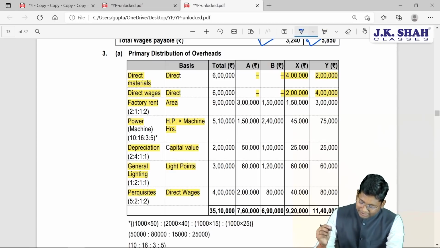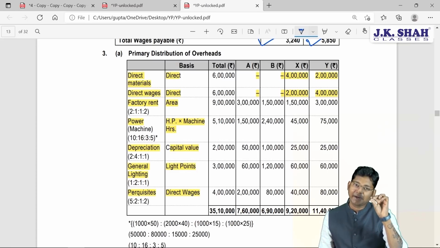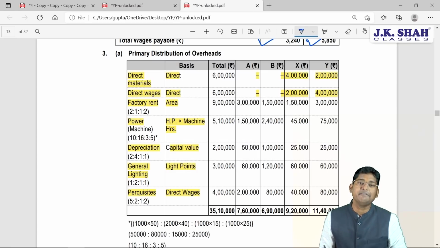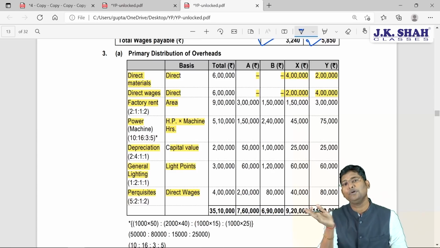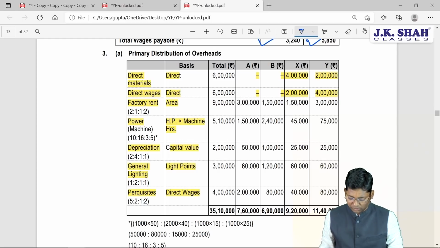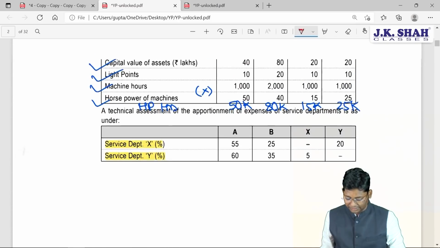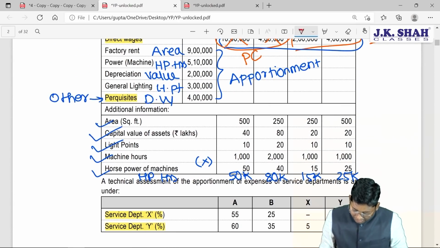So what you only need to do is total amount divided by total basis. This basis is given in the question, and then according to the available computation you need to use the ratios, and ratios are given. Factory rent 2:1:1:2. So from where have they computed this ratio, sir? See here, factory rent is computed on the basis of 500, 250, 250, 250.